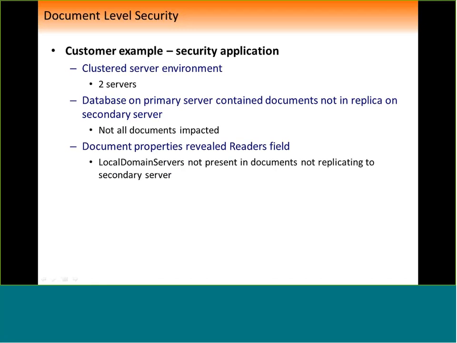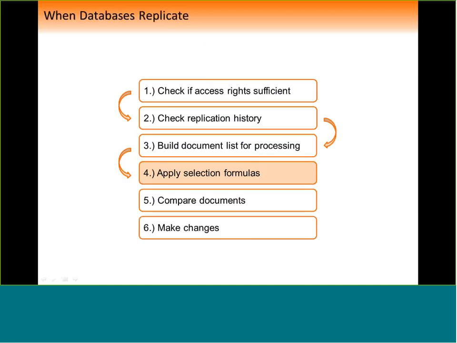When we looked at the document properties, we could see that the primary server was listed in the readers field, but the secondary server wasn't. So this is another scenario where it's really good to put in local domain servers rather than listing explicit servers, because it's really easy to forget to add all your appropriate servers.